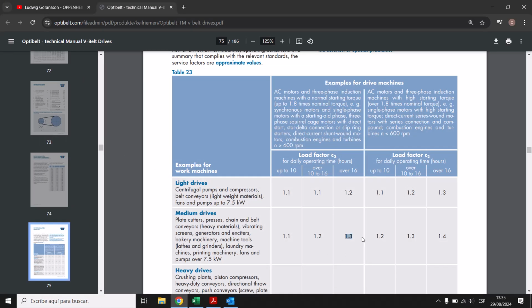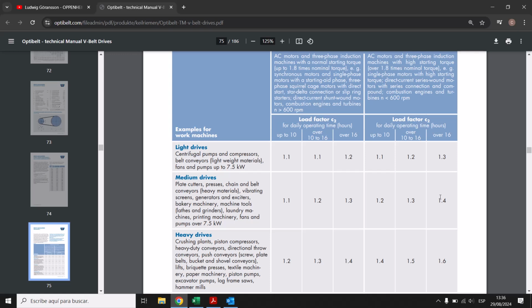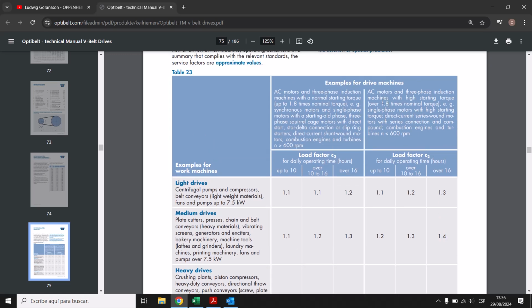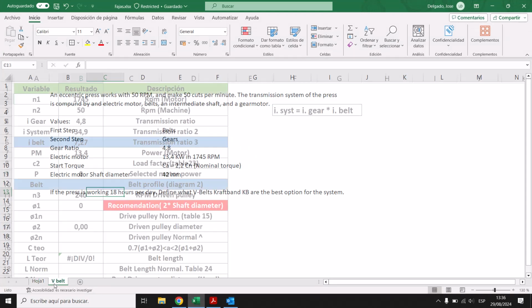And we are over 16, so we are here. So we are here in this case of 2.2, and we have to select this. Okay, presses 3.2 is over 1.8, and the working hours is over 16, so 1.4 is our value. So we just put here 1.4.